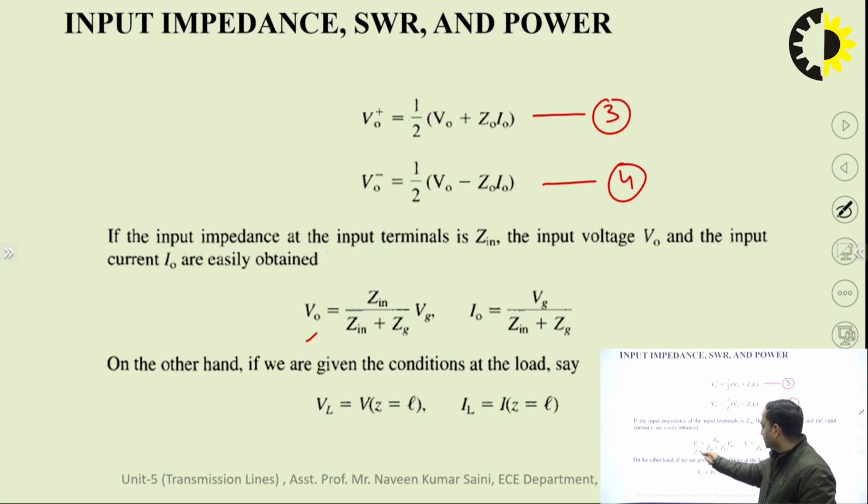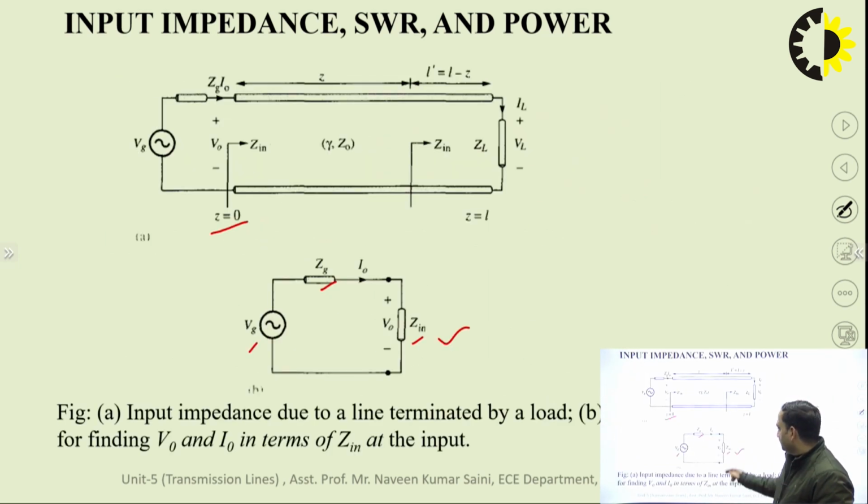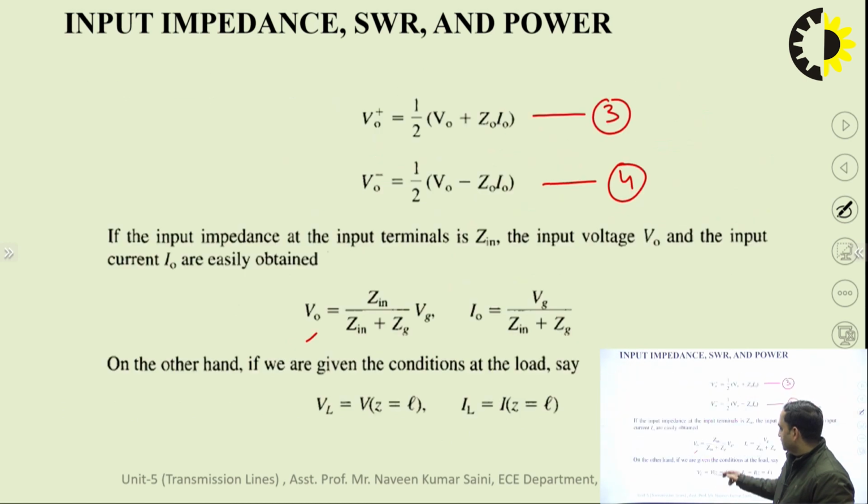V naught is Z in divided by Zg plus Z in, into Vg, that is, Z in upon Z in plus Zg into Vg. We are applying the voltage divider rule here, and I naught is Vg upon Z in plus Zg. So this is equation number 3, equation number 4, and now we have equation number 5 as well.